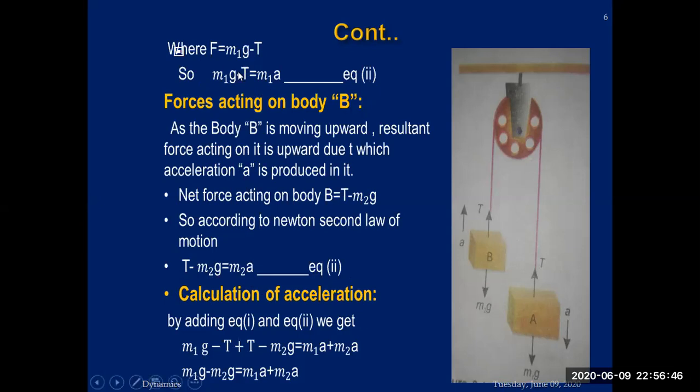If you add these two, plus T and minus T cancel. Adding these two: m1g minus T plus T minus m2g is equal to m1a plus m2a. This plus T and minus T is cancelled. The remaining one is m1g.